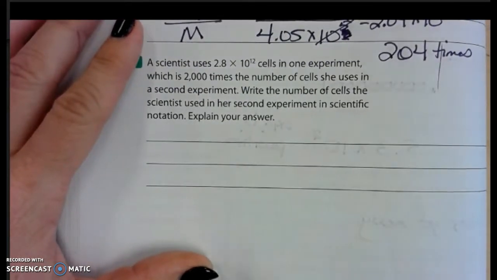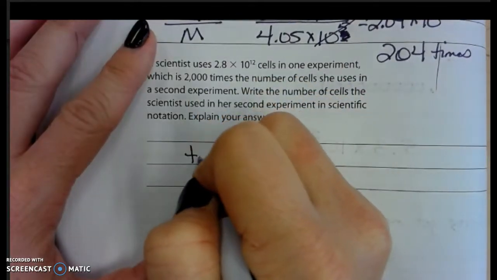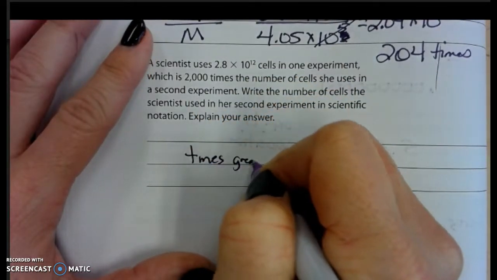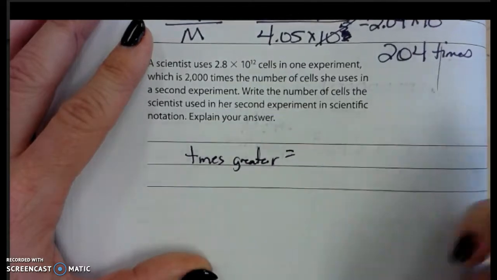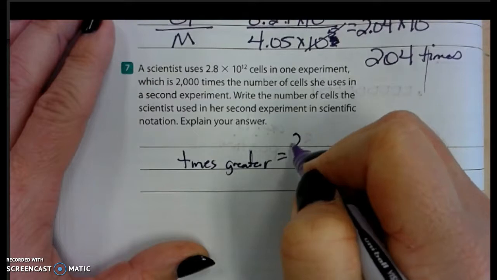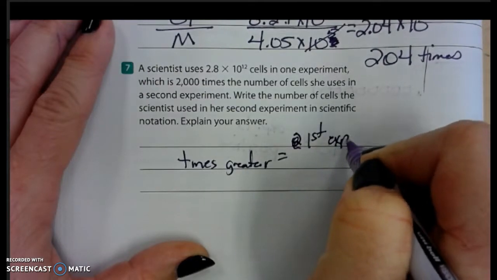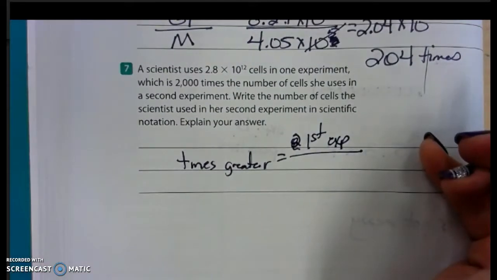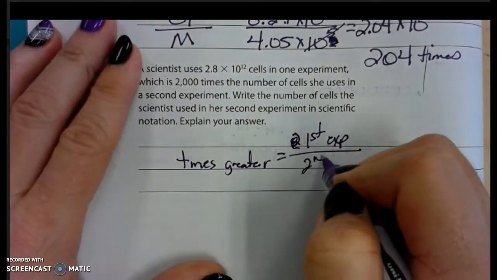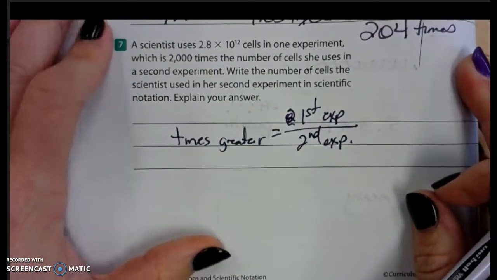Now, think about how we've done all of these how many times greater. So how many times greater is equal to the larger number, which was the first experiment, divided by the smaller number, which was the second experiment. So now we just have to substitute it in.